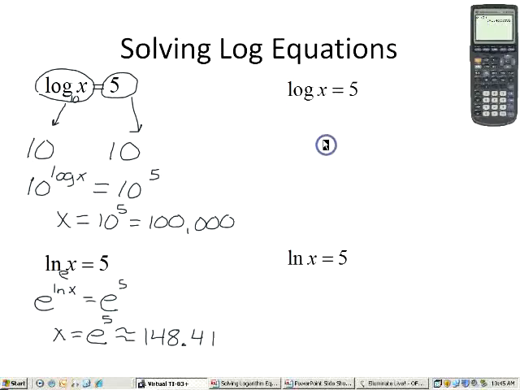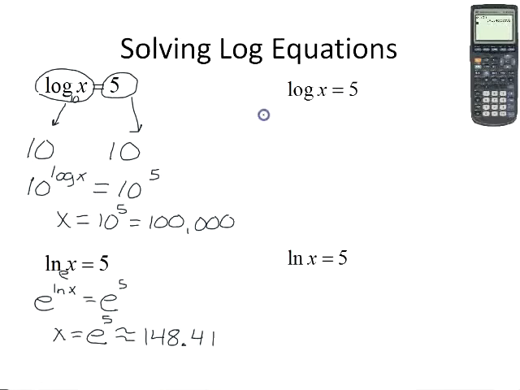Now, let me show you another process you can use. Sometimes I think this process may seem a little easier to do. Here I have the same equation, log of x equals 5.